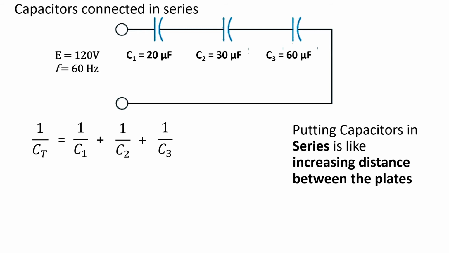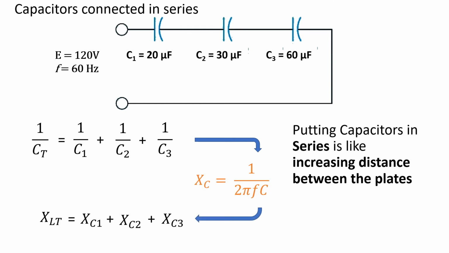So when we have capacitors in series, our overall capacitance is diminished. And so it's a reciprocal sum for capacitance in series. When we go to calculate our capacitive reactance, which itself is an inverse function, then we get back to where all our ohms add directly.